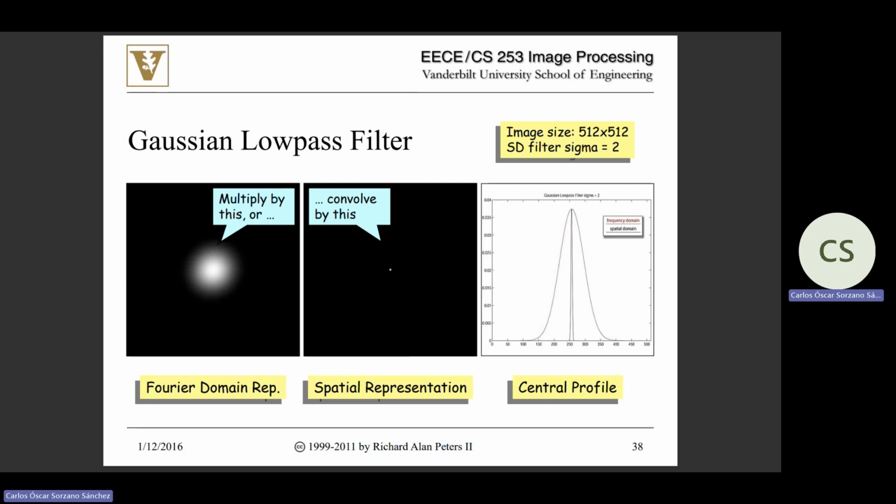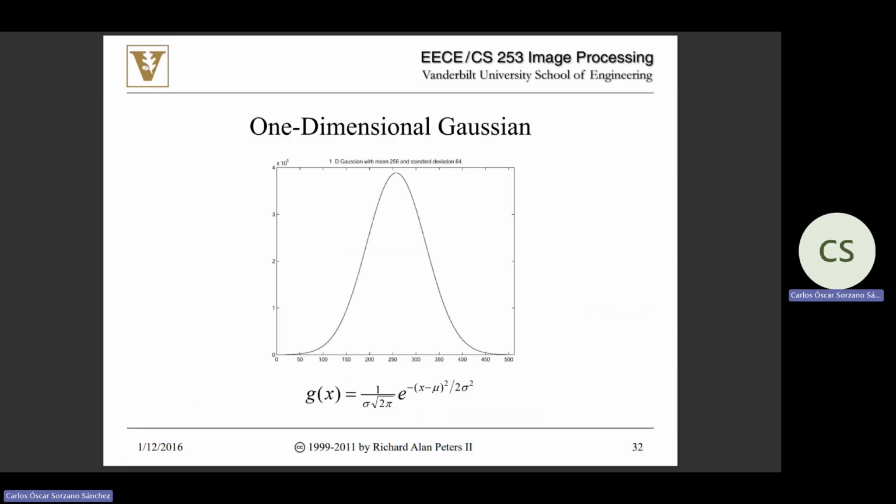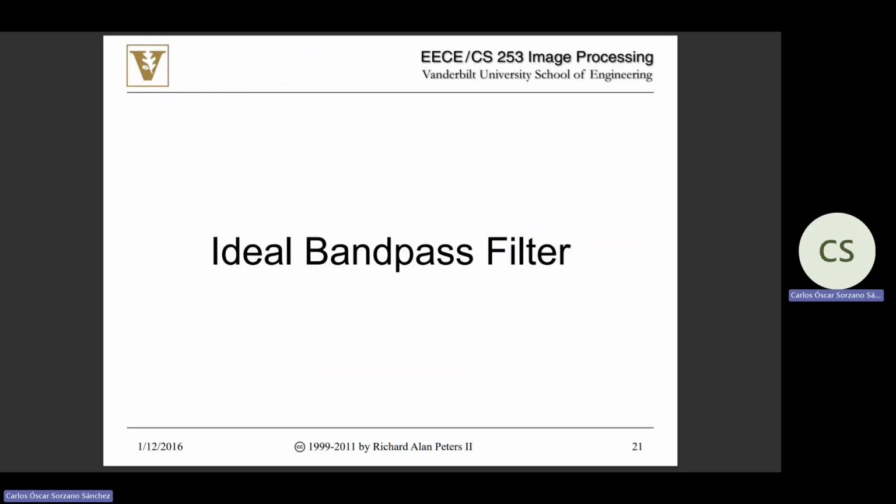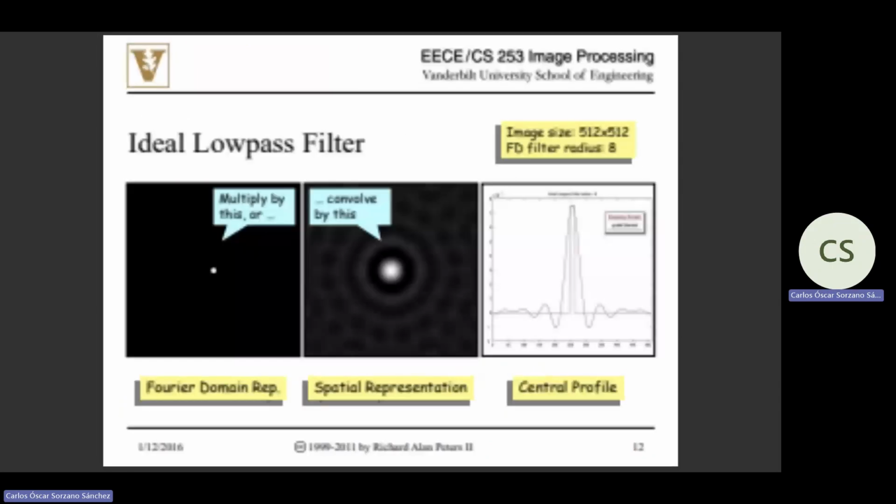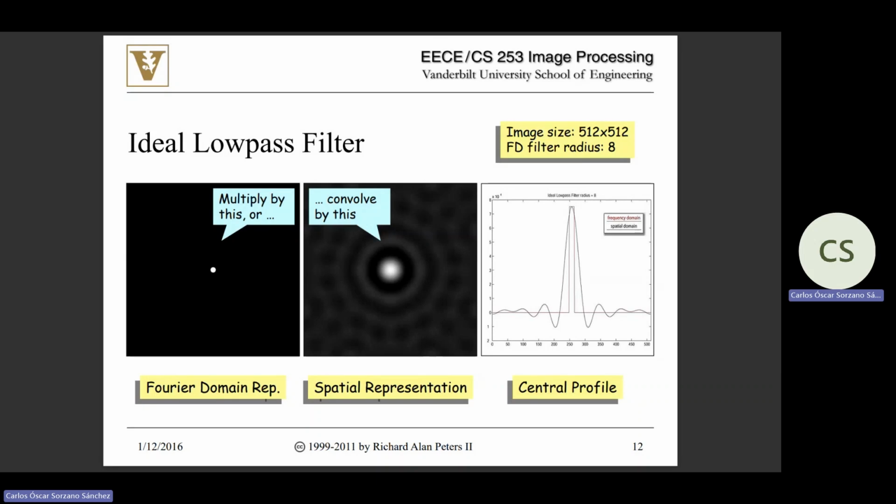You could also do the same idea in 2 dimensions, but not with Gaussians. The relation is this thing. In the ideal low pass, the impulse response goes up and below 0. So it goes below 0 and then above 0, below 0, above 0. But why is that ideal?